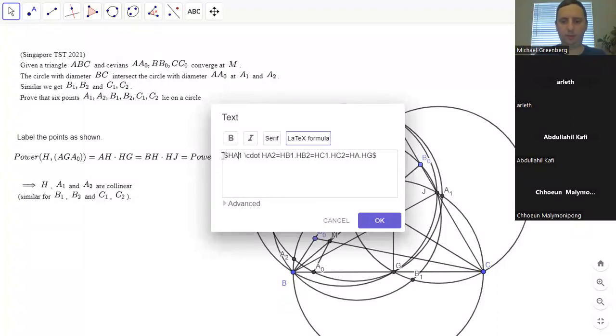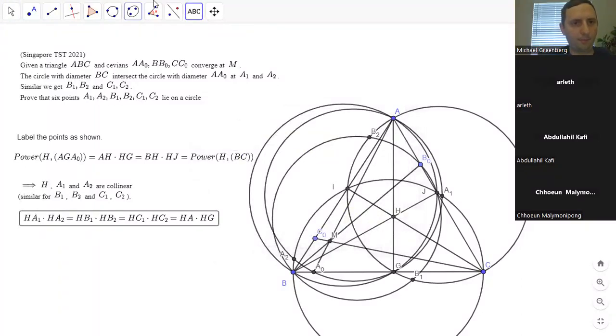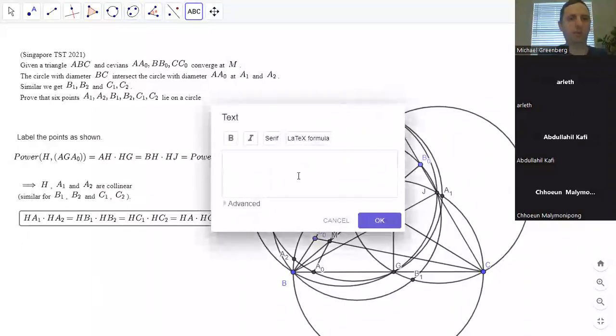Just going to make it look nice, but then, yeah, then we can move on to that other problem. All right. So that means A1, that means it's cyclic, yeah.